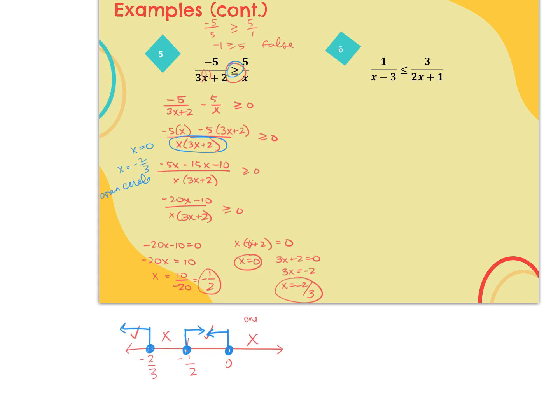We can't do a closed circle because that would make those undefined. So I have to go back, and here in this problem and in this problem, I have to put an open circle at these numbers, okay? The value of the numerator, this came from the numerator portion of this problem. That can be anything, and that can be a filled in circle.